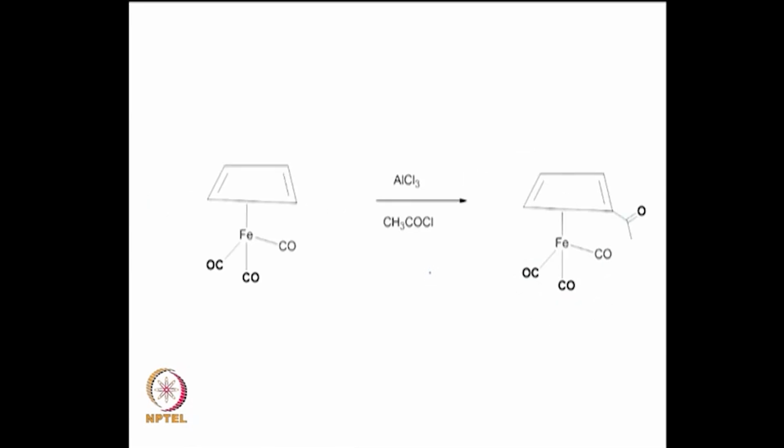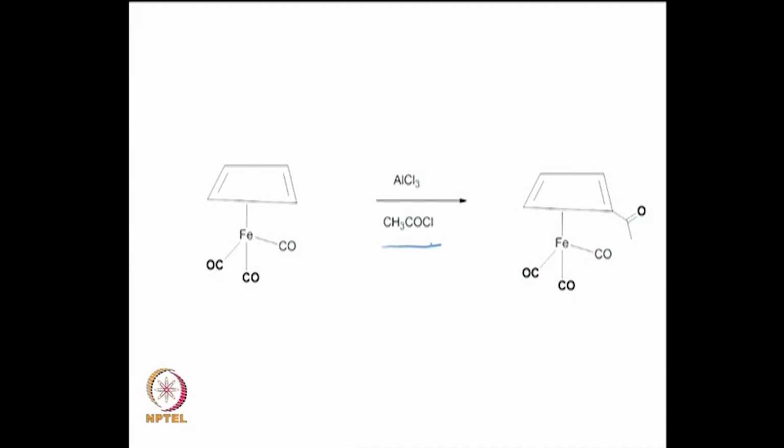So, you will notice that one can in fact form a very nice cyclobutadiene complex, and these cyclobutadiene complexes appear to be pseudo aromatic. So, if you treat them with acetyl chloride, that is typical Friedel-Crafts acylation conditions, you end up with an acylated product of the cyclobutadiene.